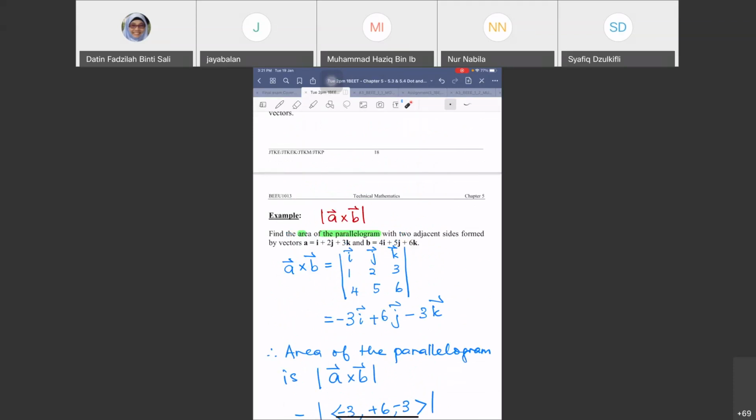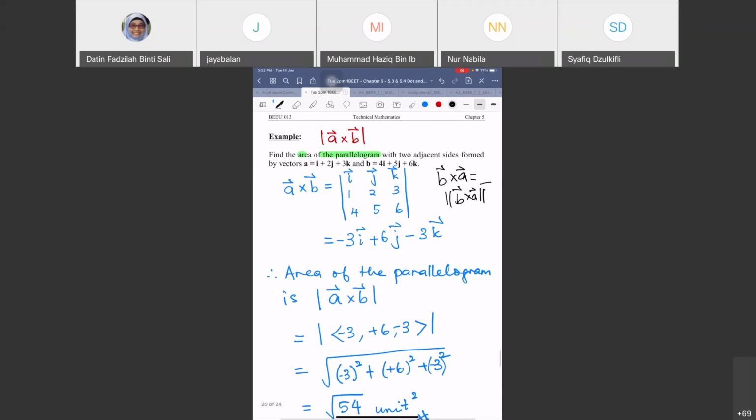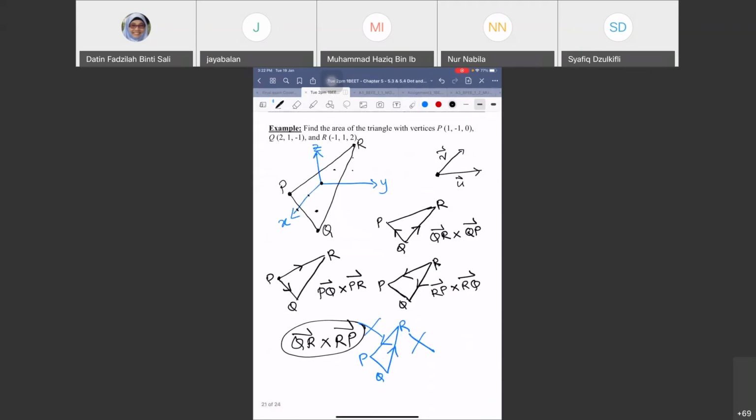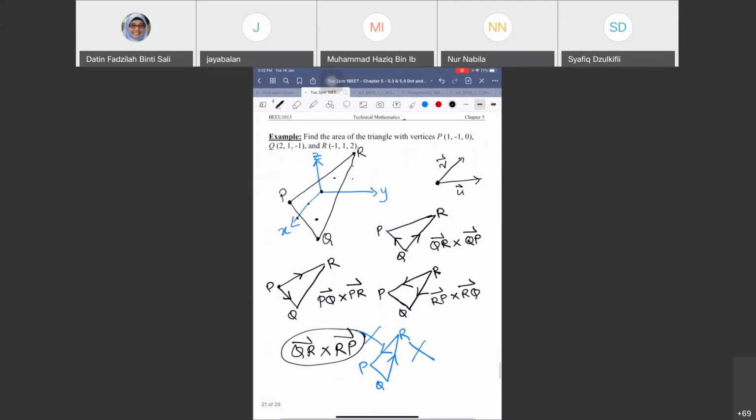So if one person does A cross B, maybe another person finds B cross A, and then they find the magnitude. They will get the same answer. So it doesn't matter, B cross A or A cross B. However, if you are given points like this, you have to be very careful when you establish the cross product of the two vectors. So you must understand how you establish the two non-parallel vectors for the cross product.